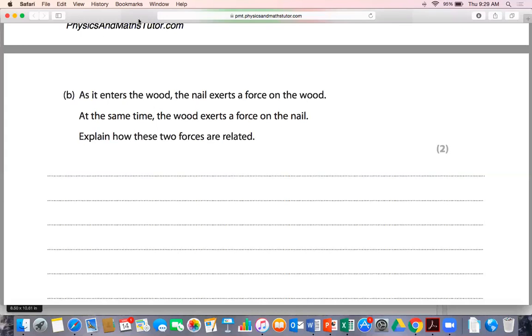Because Newton's third law proves that every action has an equal and opposite reaction, the wood is also actually pushing itself into the nail. It's just that we don't see it because we're hammering the nail.